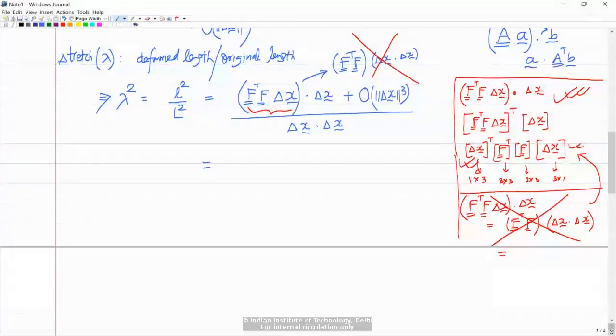I'll write it in a slightly different form now.